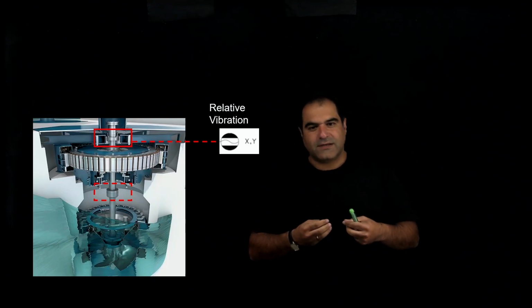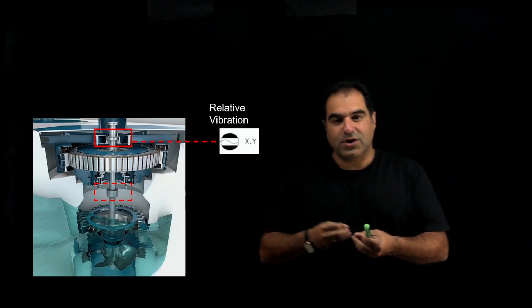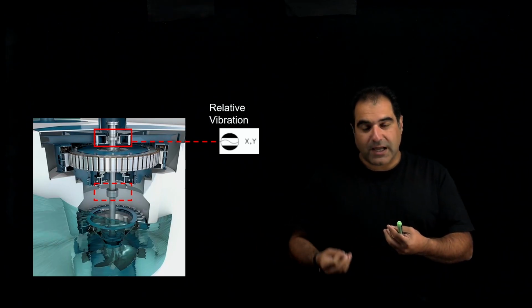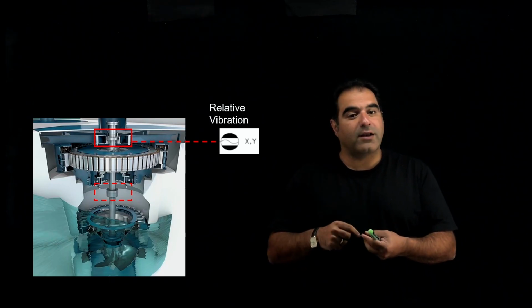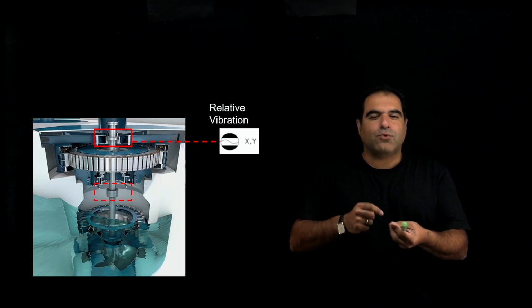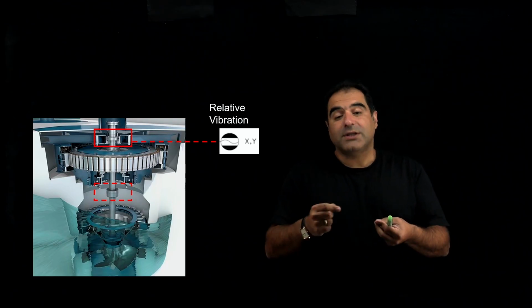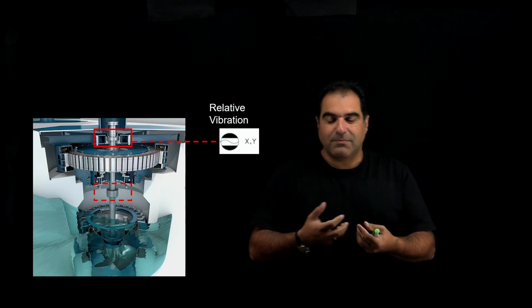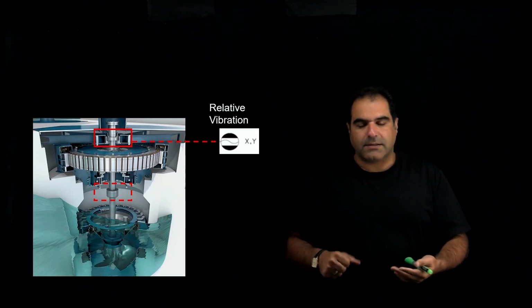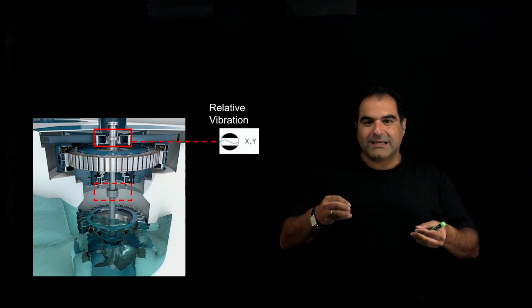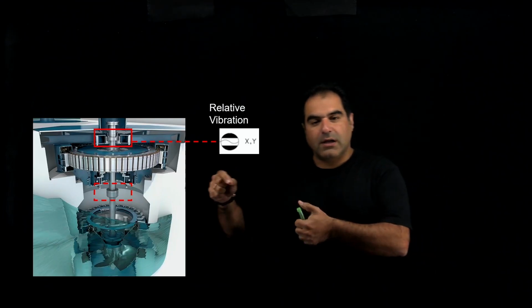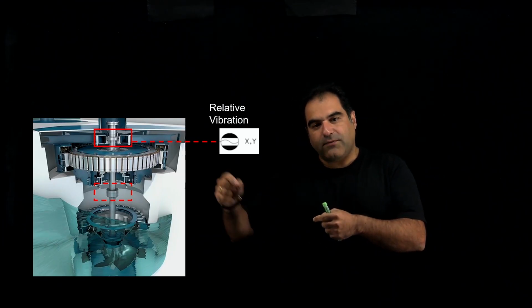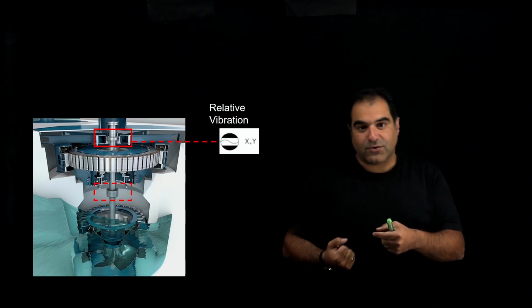Because force gives you more information about the actual situation of the bearing and the loading condition of the hydro turbine, while if you just rely on the displacement, it is kinematic and local information about the system, and it does not give you the actual behavior of what is happening inside the system. On the other side, it is usually really hard to install strain gauges and different types of force sensors at the bearing to measure the force directly.